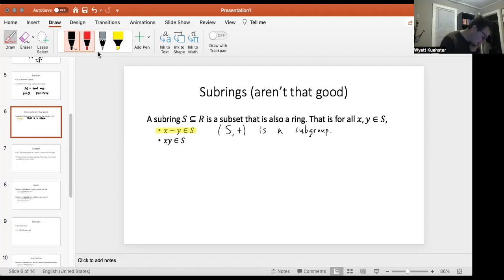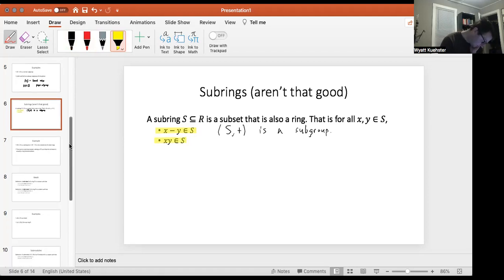And then this other condition is that it should also be closed under the multiplication of the ring. But we'll see that this isn't enough to make the inclusion from S into R a ring homomorphism, at least not a good ring homomorphism.